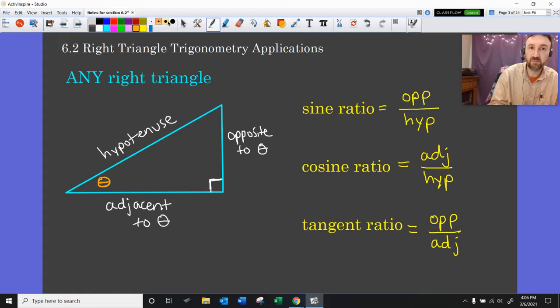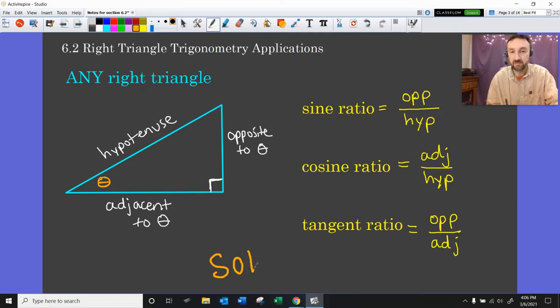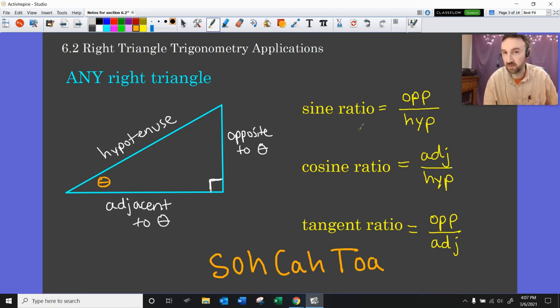Now I know that some people really like this idea of an acronym. So they write something down like this, where the three parts of the word SOHCAHTOA help people remember these three trigonometric ratios.